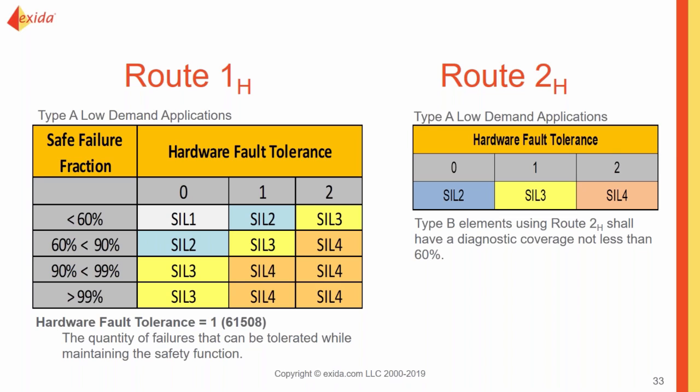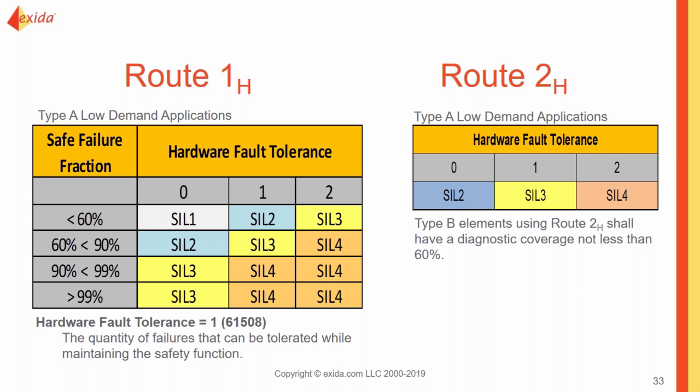So for a safe failure fraction of 75%, if you've done your analysis and you know you need a SIL 2 application, you can say, well, I can just use a 1 out of 1, I'm fine. But if you've done your analysis and you need to remove more risk, that's a very risky safety function, and we need to pull more risk out of it.